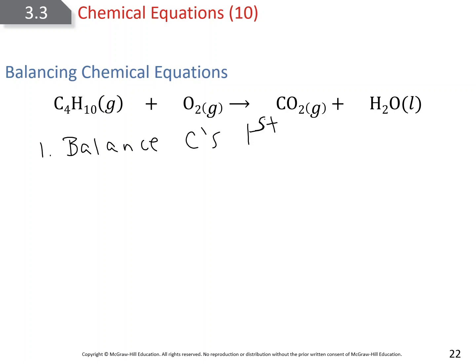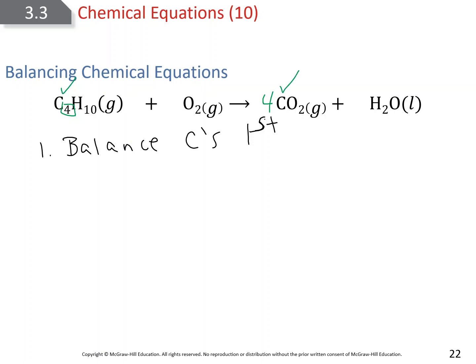So on the left side of the arrow, in the reactant position, I have 4 carbons. I know I have 4 carbons because that's what my subscript tells me. On the right side of the arrow, I only have 1 carbon. So I'm going to use the coefficient of 4 so that I can say my carbons are equal.